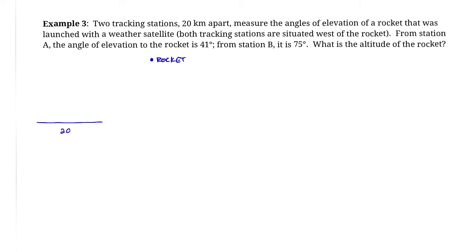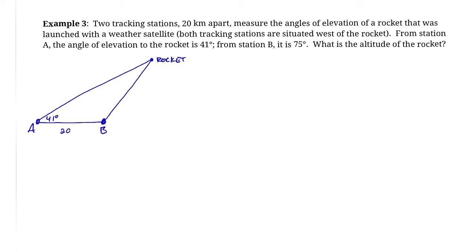So these two stations are west of this rocket. From station A, the angle of elevation to the rocket, so this angle right here, is going to be 41 degrees. And from station B, it is 70 degrees.